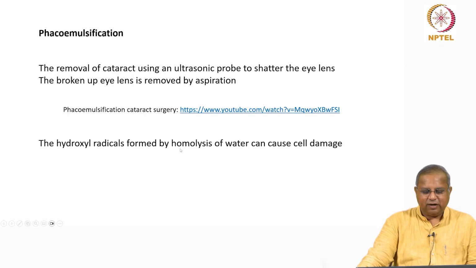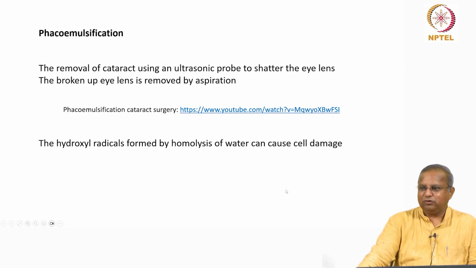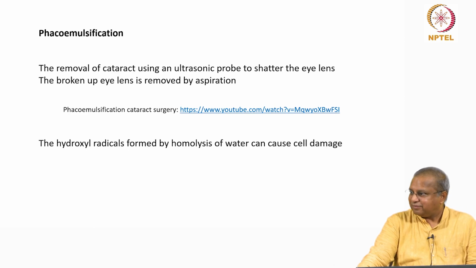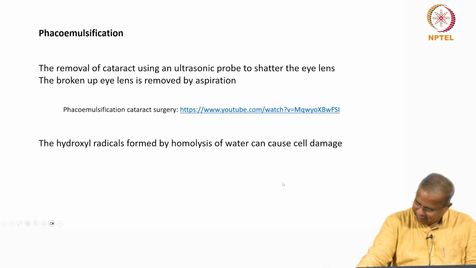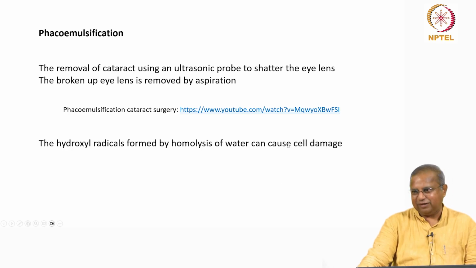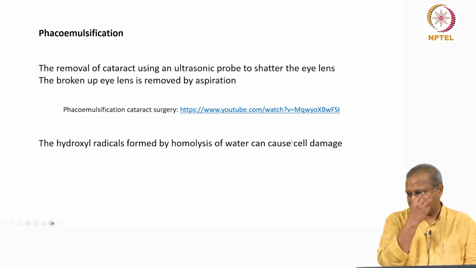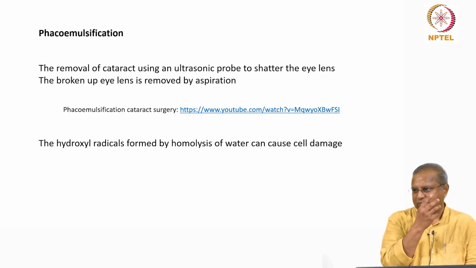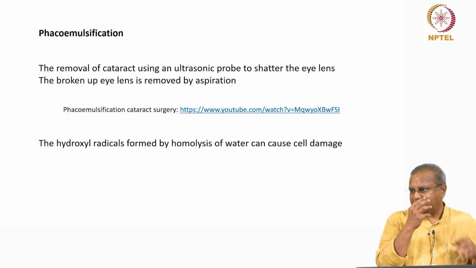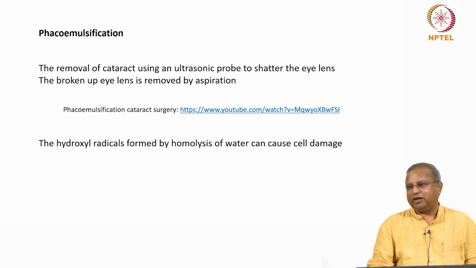So the hydroxyl radicals formed by homolysis of water can cause cell damage. You need to be careful. Why did I say, do you use hyaluronic acid? Any idea? Antioxidant. Yeah. Vitreous part also has hyaluronic acid. Very true. The vitreous, the inside part of the eye, naturally has hyaluronic acid, and so do your joints.